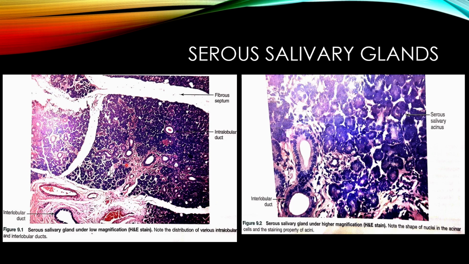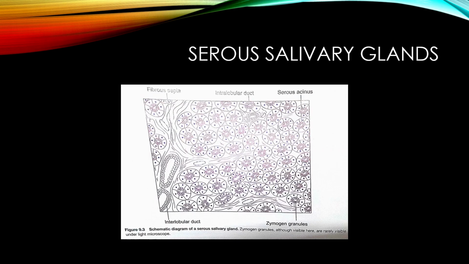These are the types of the salivary glands. See the fibrous septum, the interlobular ducts, the intralobular ducts. These are the differences. This is the serous salivary gland. It is not very clearly visible because of the H and E stain, but in this you can clearly see the serous acini. These granule-type things are the zymogen granules.